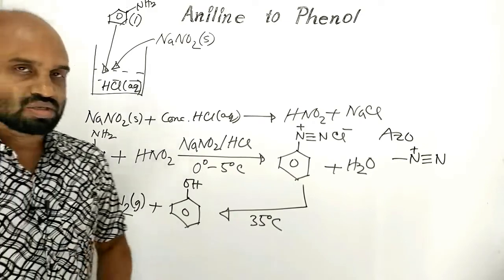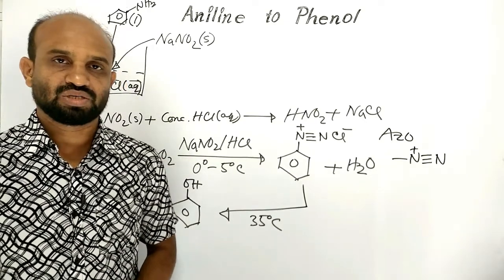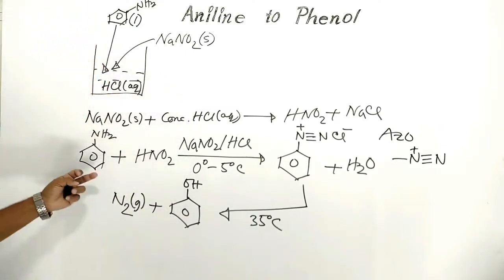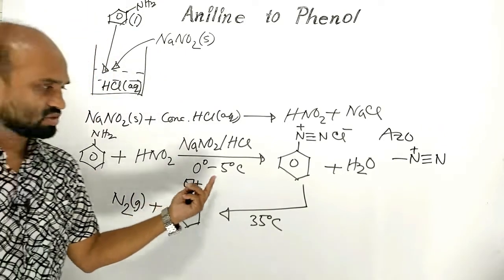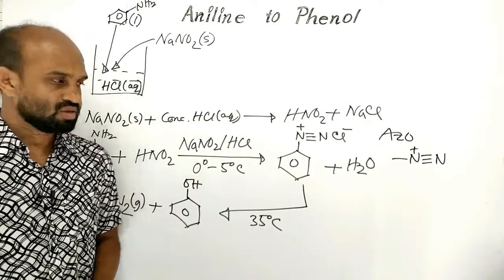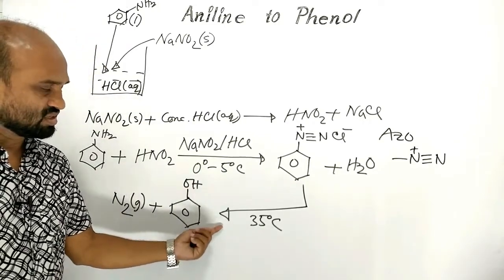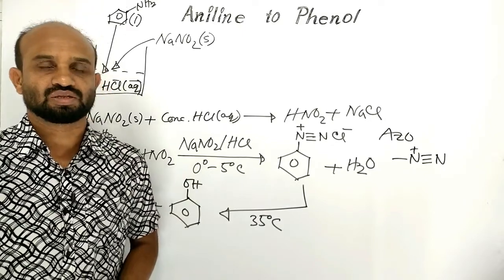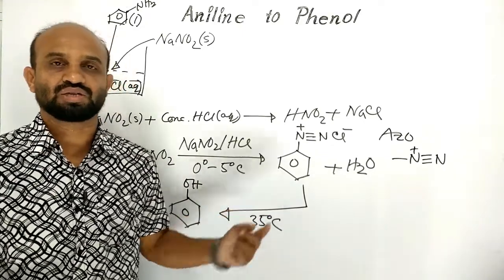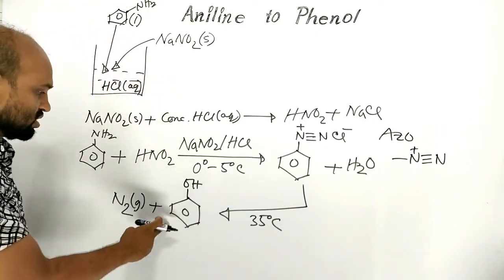So this is the way by which benzene diazonium chloride is prepared from aniline at 0 to 5 degrees Celsius temperature. When this is heated at 35 degrees Celsius temperature, then benzene diazonium chloride breaks to phenol and nitrogen gas.